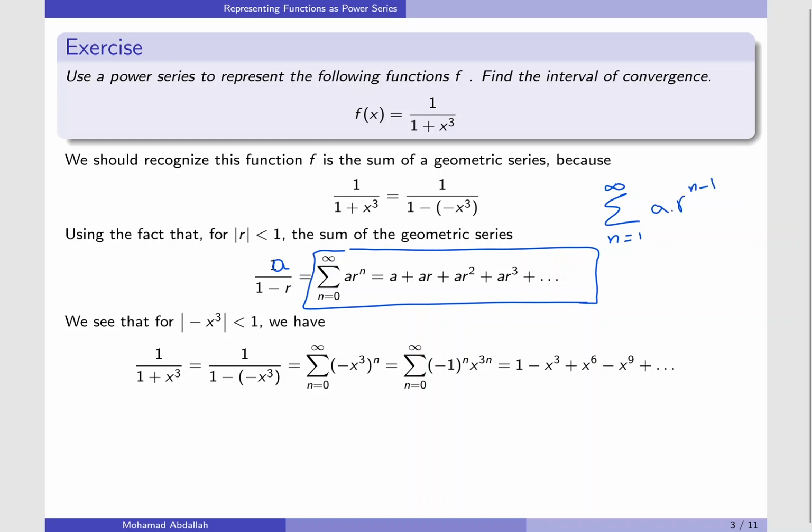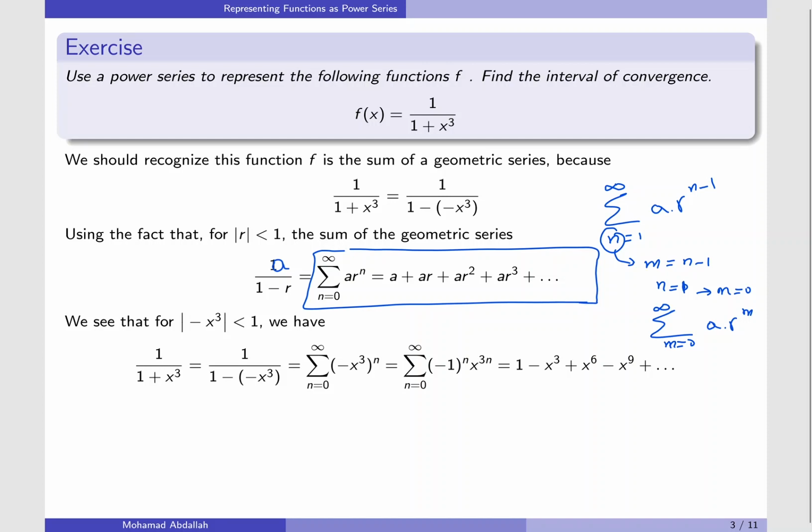You can shift n by making a change of variable: introduce m to be n minus 1. So when n equals 1, m becomes 0, and the sum starts from m equals 0 to infinity of a times r to the power m. These two are the same. You can change the index m to k or n or anything.